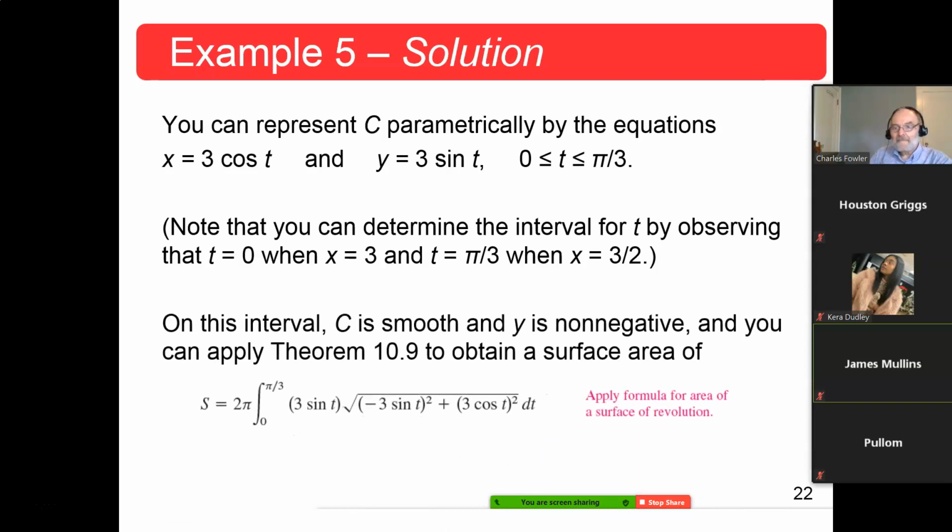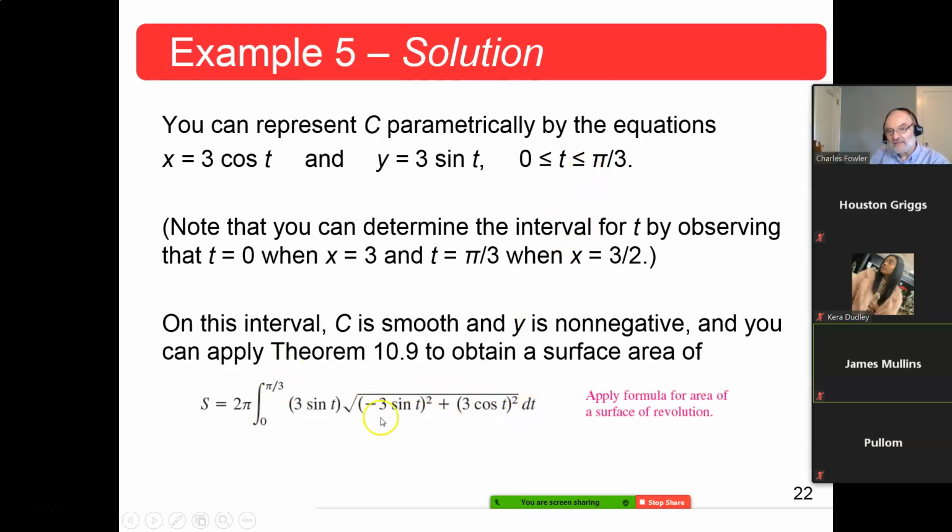Now, on that interval, C is smooth, and y is non-negative. You can apply the theorem about arc length and surface area. So it's 2 pi times the integral from 0 to pi thirds. That's your t interval right here.